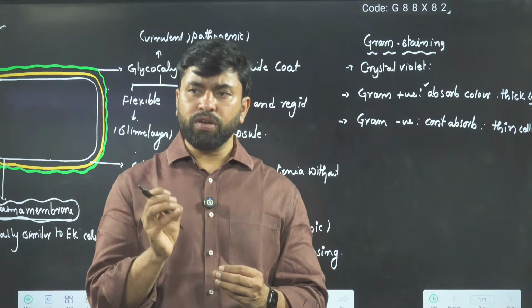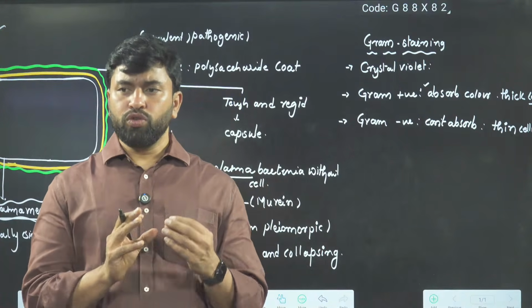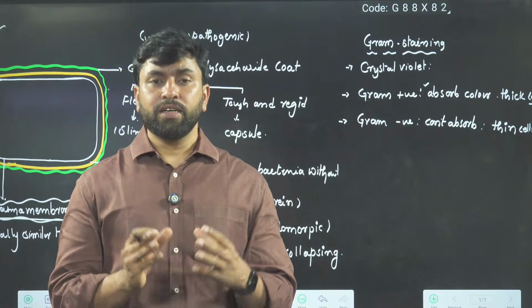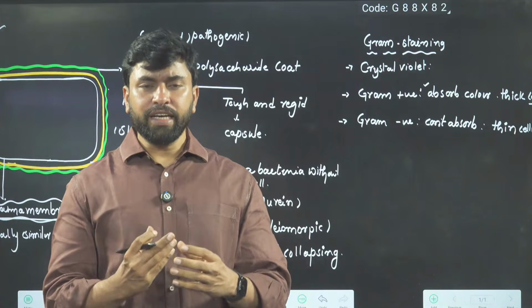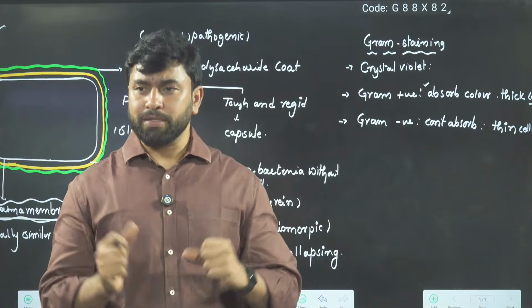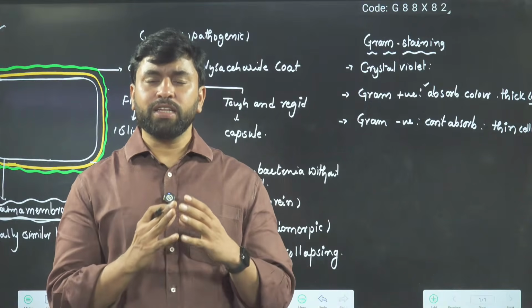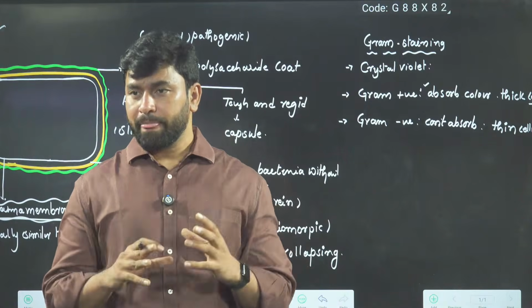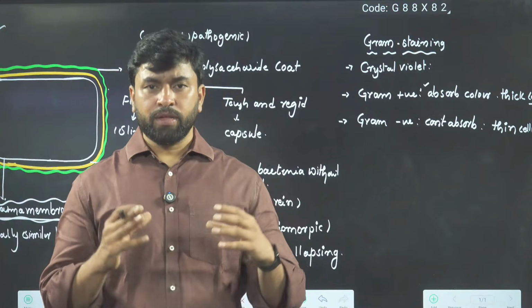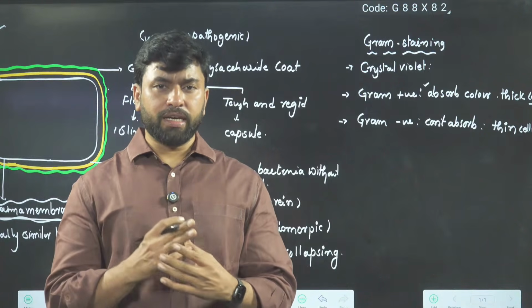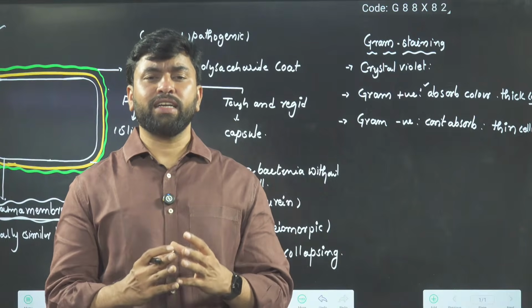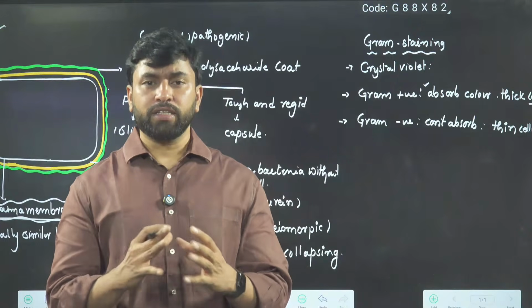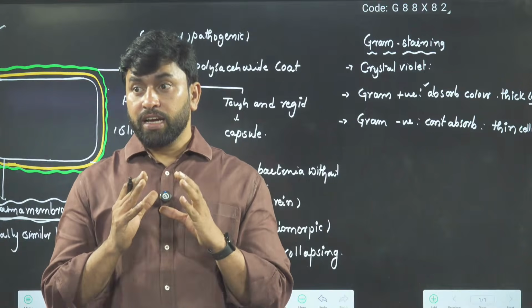When we add a few drops of crystal violet, those bacteria which have a thick cell wall can absorb that color and retain the color for future purposes, so in future the color will be present in the cell wall. But in some cases, immediately after absorbing the color, the cell wall could not retain that color. This we call gram negative.